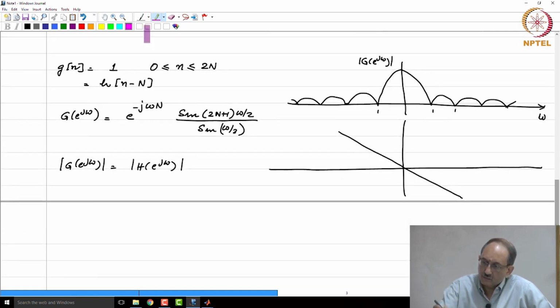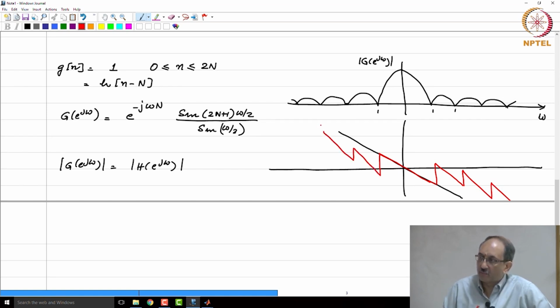Between the case where you are in this region, nothing changes because you are going to add 0. However, when you come to this spot, you acquire a jump of pi, and then the linear phase term continues. So, this is how the phase response looks.